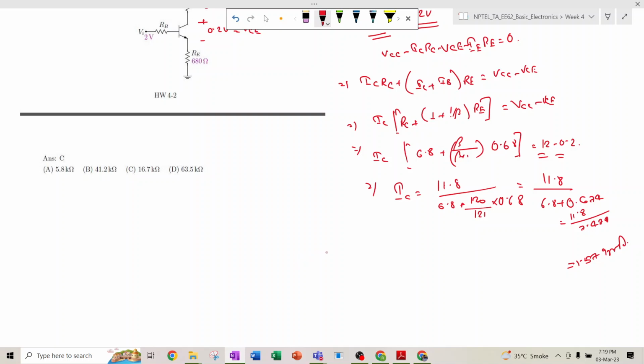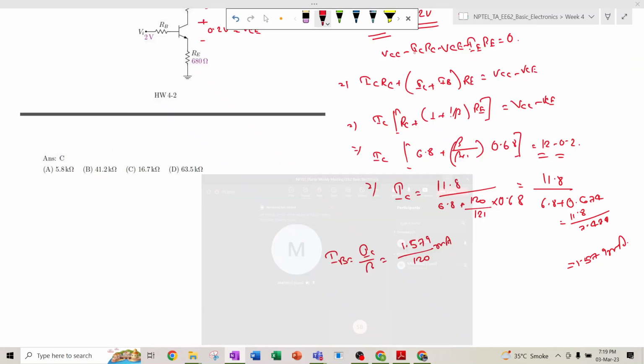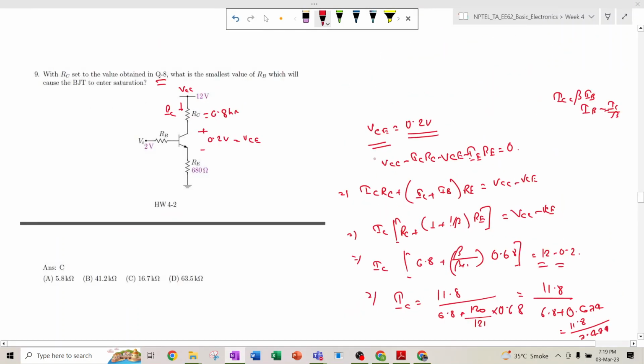And similarly, the IB is nothing but IC by beta, equal to 1.579 divided by 120 milliampere. So you got this using the output KVL, you understood, right?